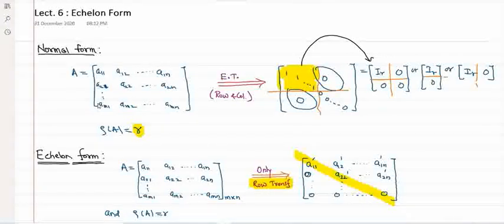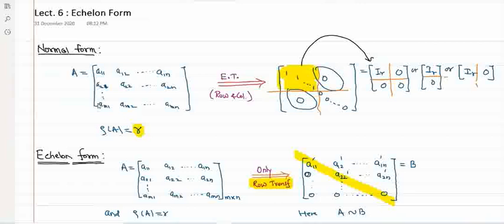Don't apply column transformation. So in this case, suppose the new matrix I will call B. Here, matrix A is equivalent to B because you obtain matrix B from matrix A by applying elementary transformation, and that elementary transformation is only row transformation.